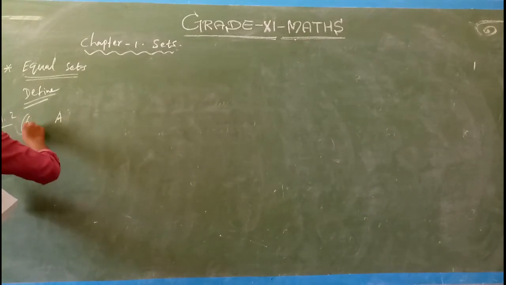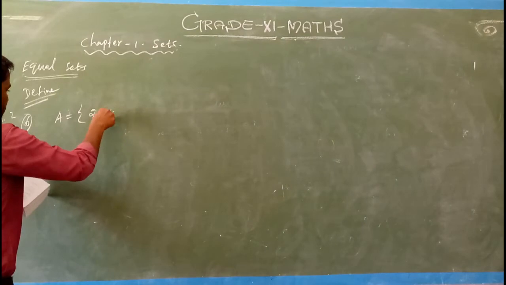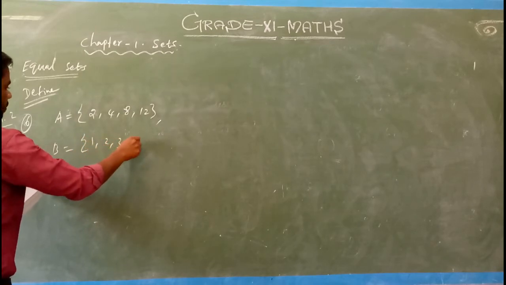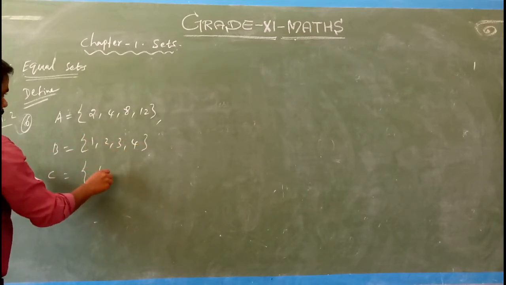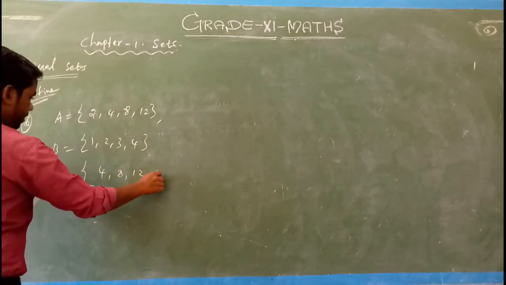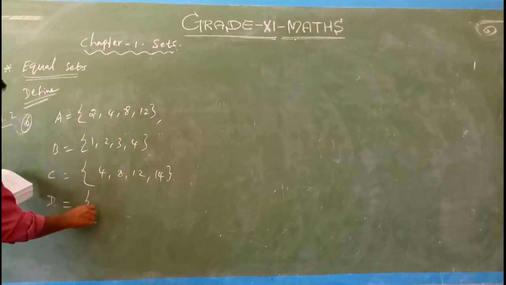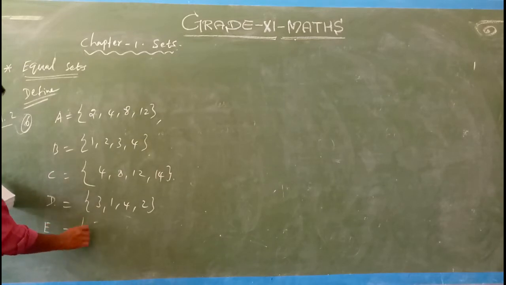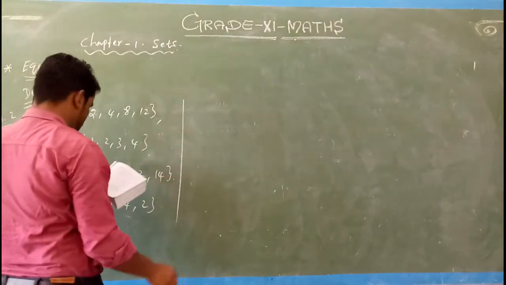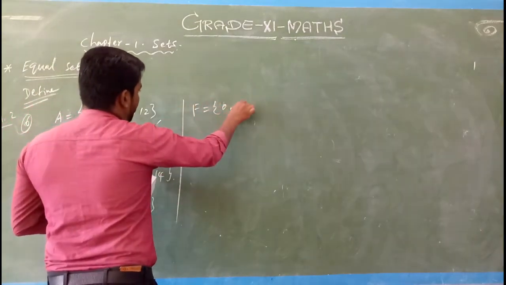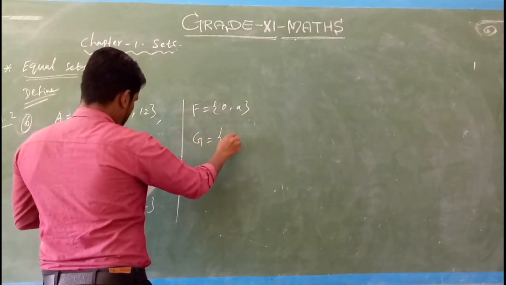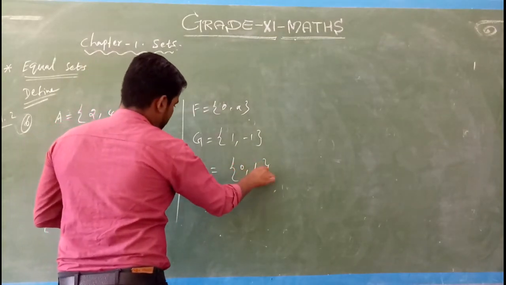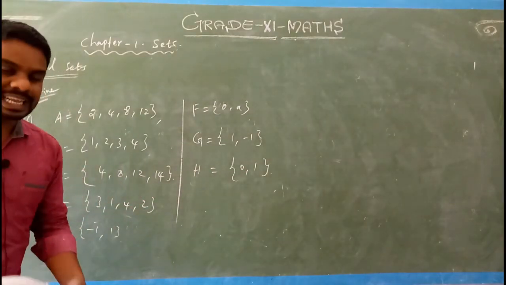The given sets: A equal to {2, 4, 8, 12}, B equal to {1, 2, 3, 4}, C equal to {4, 8, 12, 14}, D equal to {3, 1, 4, 2}, E equal to {minus 1, plus 1}, F is {0}, G is {1, minus 1}, H is {0, 1}. Right. From the sets given below, select equal sets.